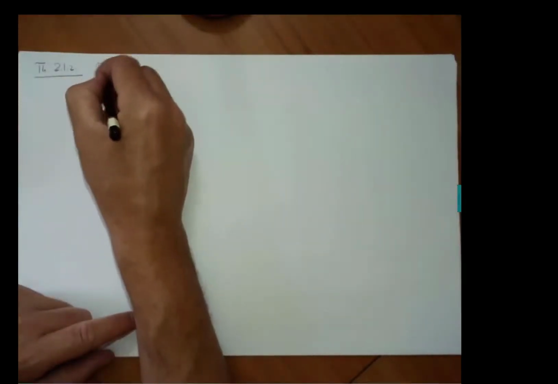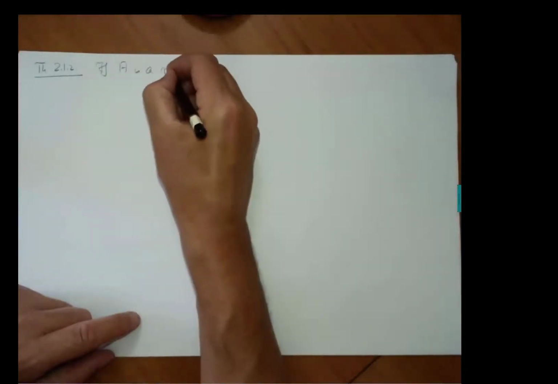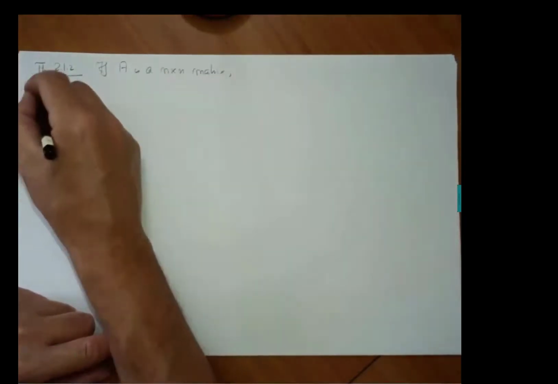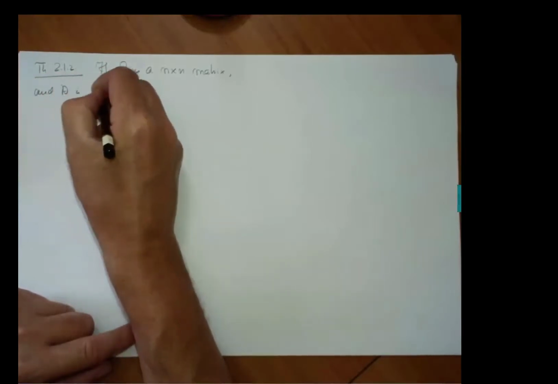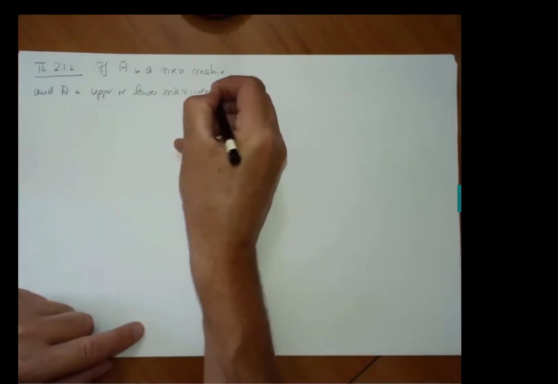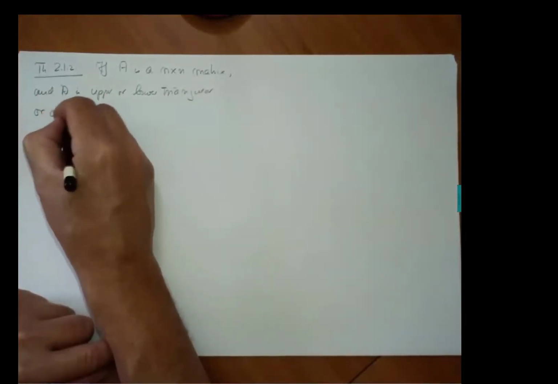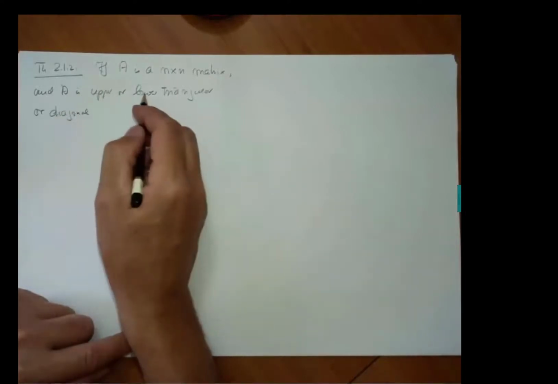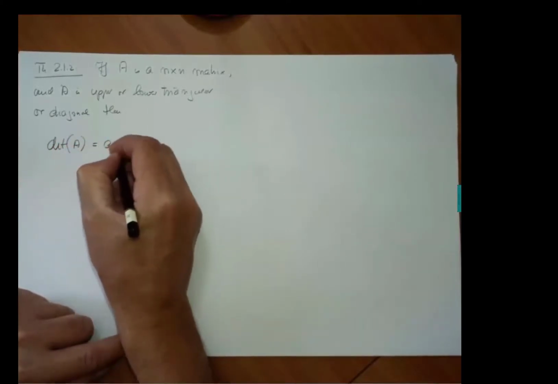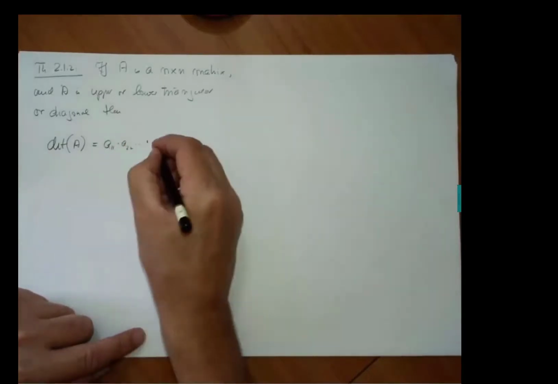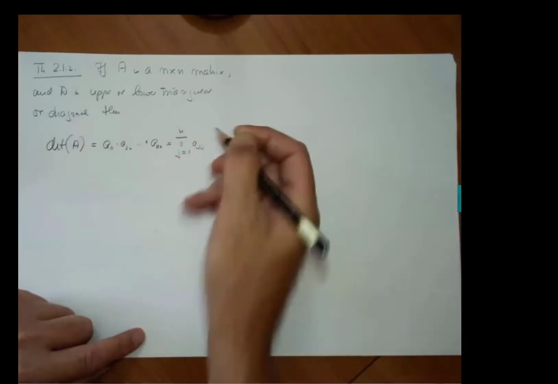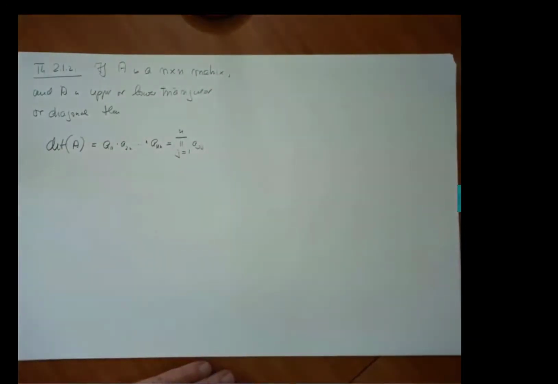It says the following: if A is an n by n matrix and A is upper or lower triangular, or diagonal, because if it's diagonal, it's upper and lower triangular at the same time, then the determinant of A is just A11 times A22 up to Ann, or we can also write it with the product symbol, the product over j from 1 to n of Ajj. So this is actually what we derived based on the formula.